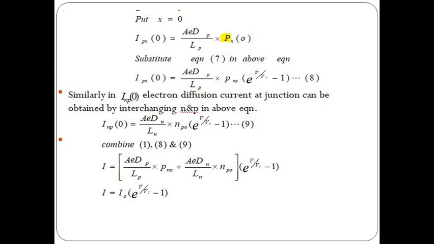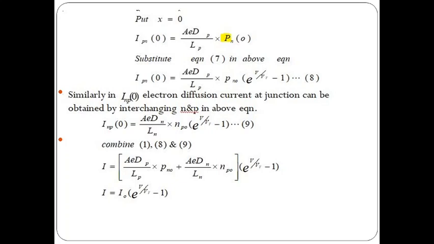That will be written as AE dN by Ln. dP is the diffusion constant of holes, dN is the diffusion constant of electrons. So AE dN by Ln into Np naught into e power V by Vt minus 1. This is equation number 9.